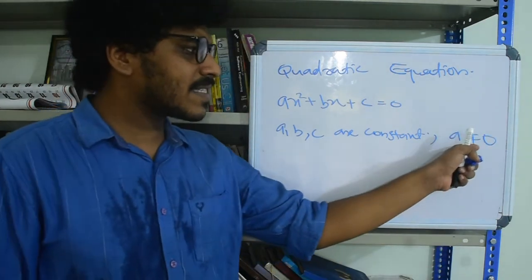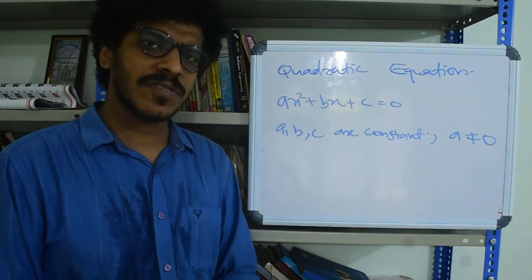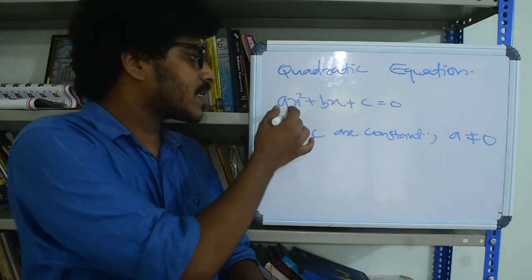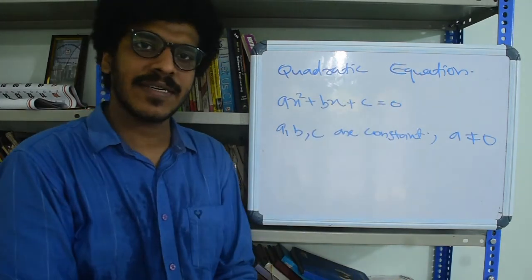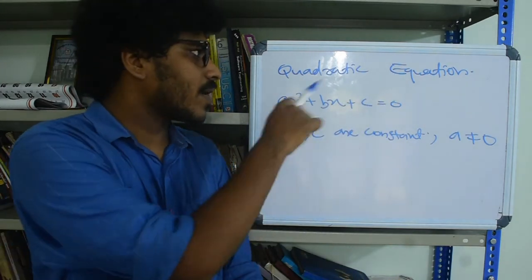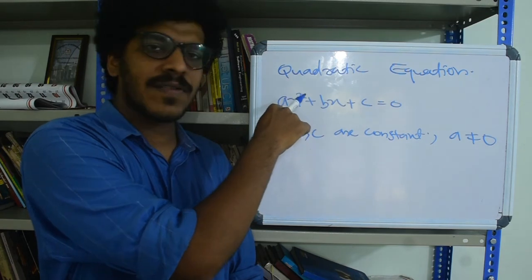Why do we need to fix a constraint that a not equal to 0? If a equal to 0, the term of x square will be 0 and what will be left? It's again a linear equation. Right. So a quadratic equation needs to be of power 2.